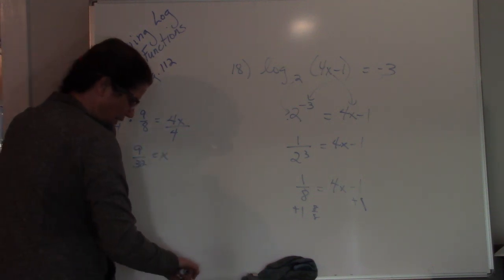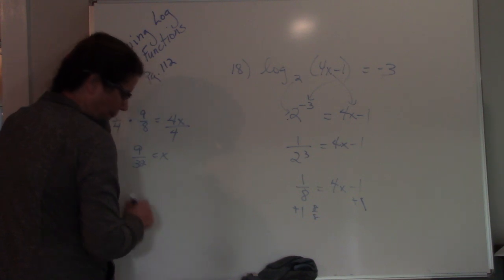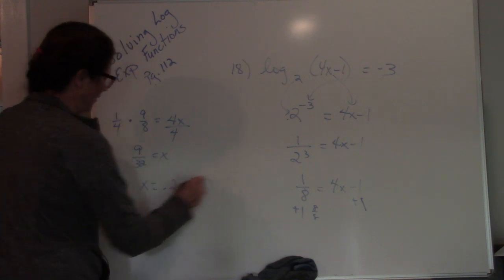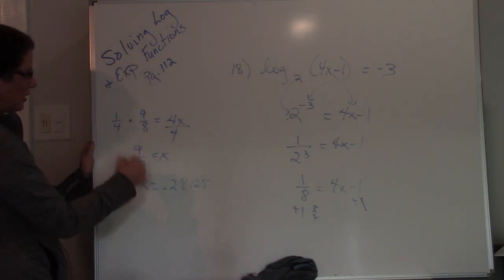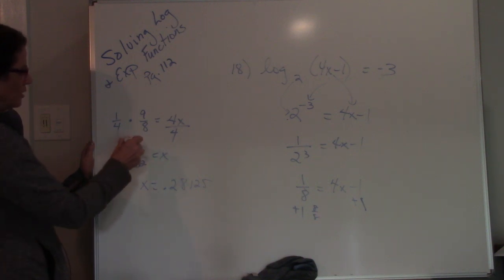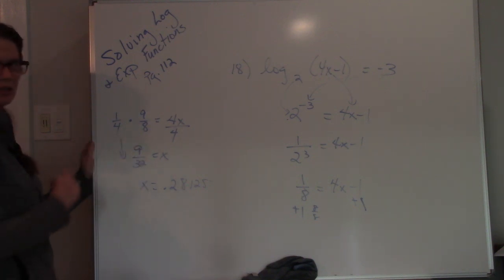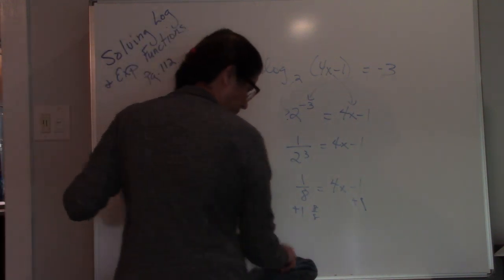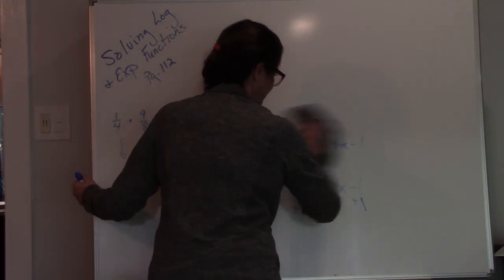If you have a decimal answer, it is x equals 0.28125. So remember, when you change a fraction to a decimal, you type it in the same way it's written, 9 divided by 32. Okay? So that's number 18.